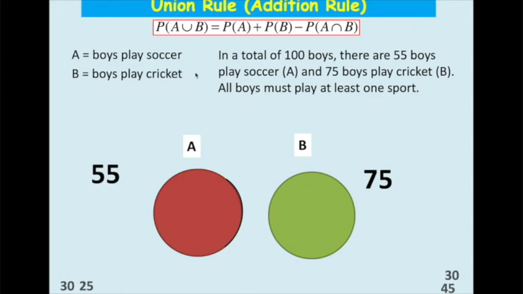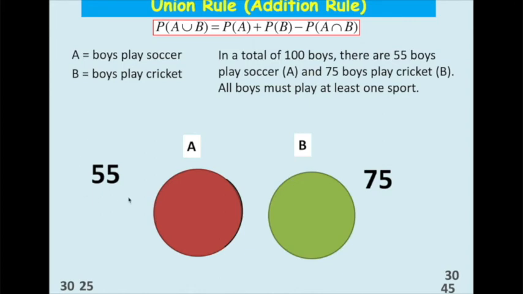And this is the scenario. In a total of 100 boys, there are 55 boys who play soccer, A, and 75 boys who play cricket, which is B. And all boys must play at least one sport, meaning there are no boys outside the circles.